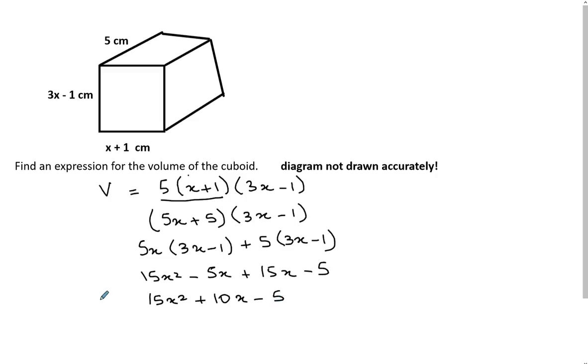If you look at this, you can see that each one of these can be multiplied by 5. So really that 5 there goes outside again. So you've got x squared plus 5 times 2 is 10, 2x minus 1.